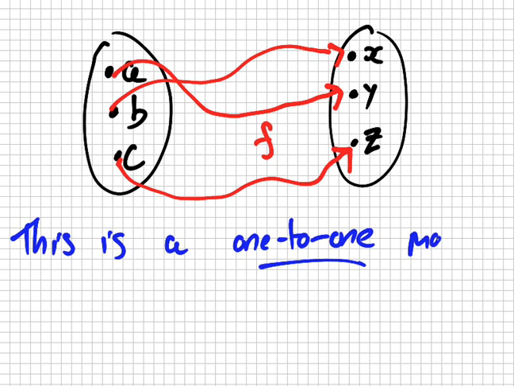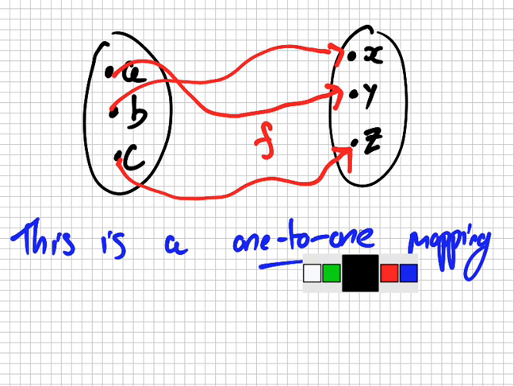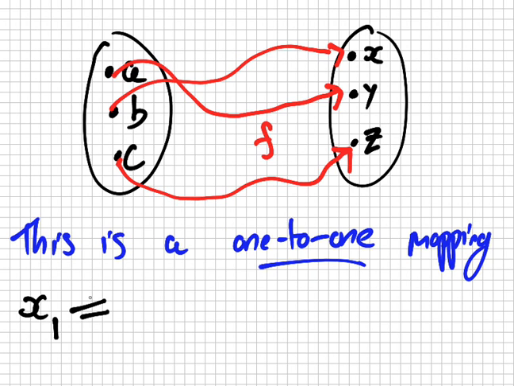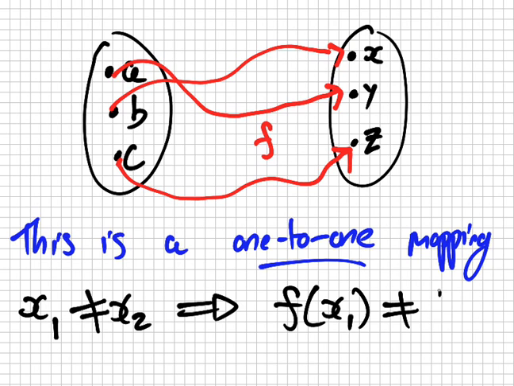This is a one-to-one mapping. In other words, if x1 does not equal x2, then you want the function values to also be different.